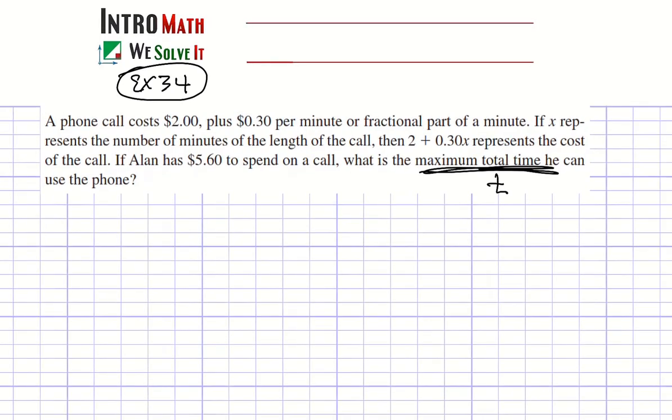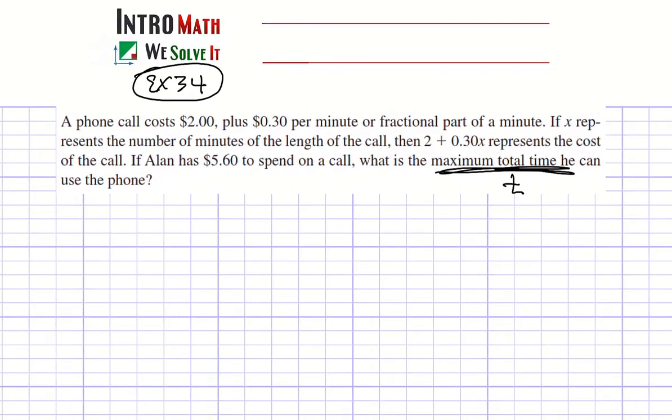If t is that time, it will be that time or less, whatever that time is. That's the maximum. You can't go over it. t has to be x or less, okay? So if you set that up properly, you gotta think through it. That's all. Basically, a phone call costs this plus that per minute or fractional part of it.